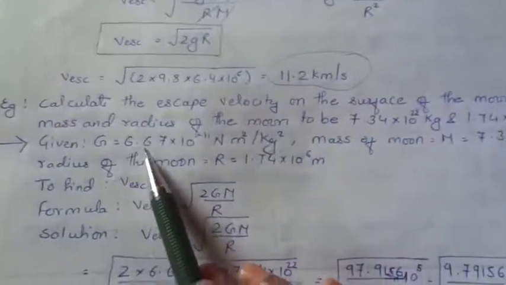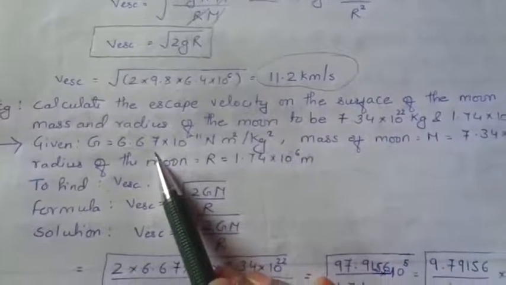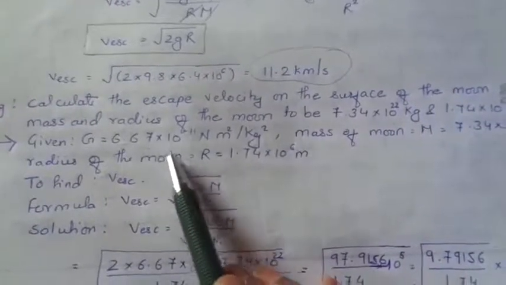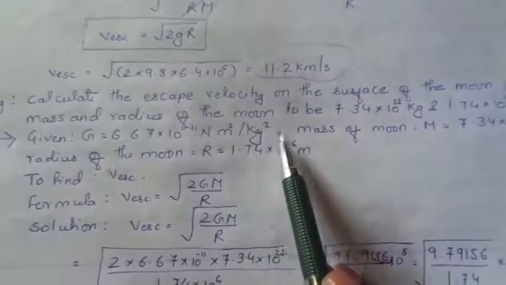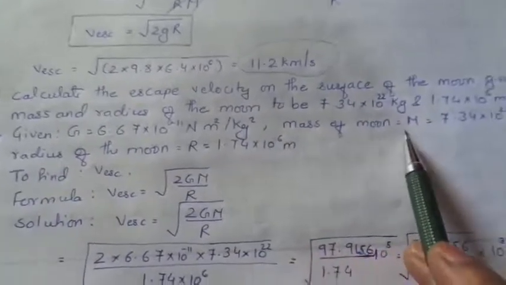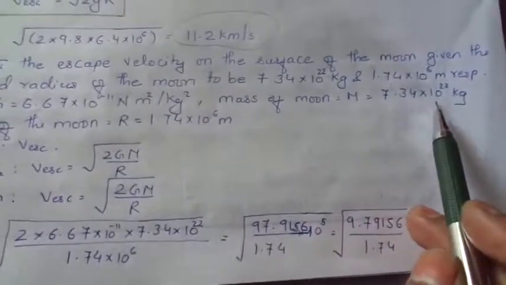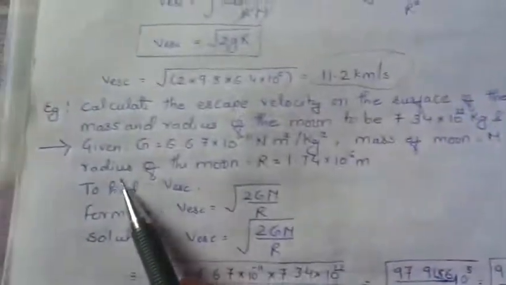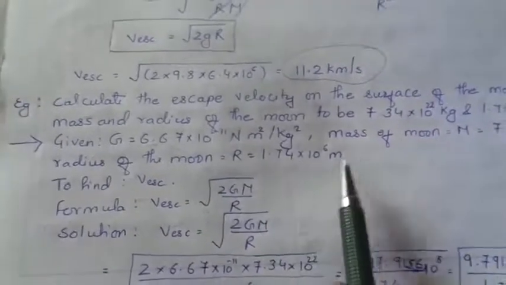Given is G, the universal gravitational constant, 6.67 into 10 to the power minus 11 newton meter squared per kg squared. Mass of the Moon M is 7.34 into 10 to the power 22 kg. Radius of the Moon r is 1.74 into 10 to the power 6 meter.